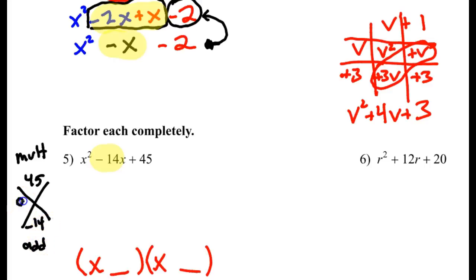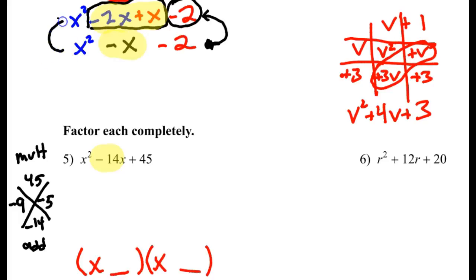And a lot of you said 9 and 5, which is close, but they don't add to negative 14. What can I do to change this to make it work? Yeah, make them both negative. So negative 5 and negative 9, those do add to negative 14, and they multiply to positive 45. So now I can reverse this.